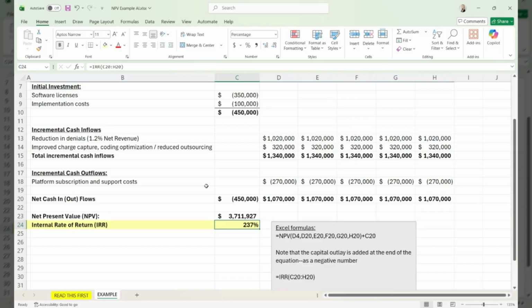So some of the things that I might ask is, are these cash flows realistic? Is that denial rate realistic? Are we really going to reduce all those denials with this project? Also, what's the basis for the improved charge capture and the coding optimization? Is that realistic? I'm also going to look at, is this incremental cash flow realistic in year one, or does it take time to build?